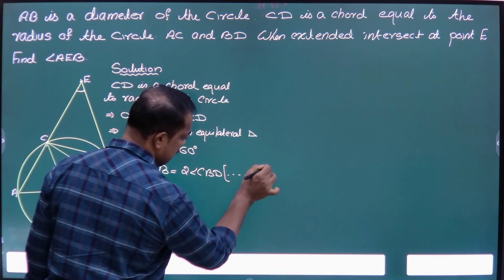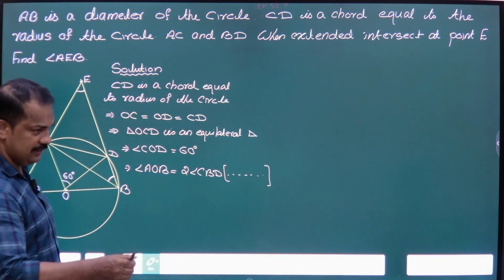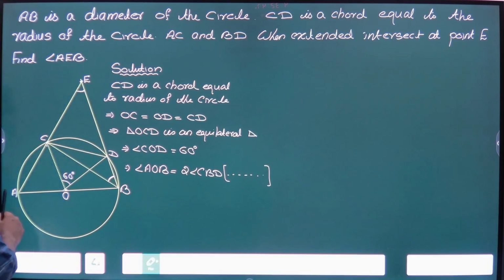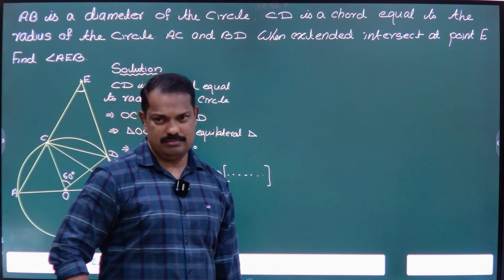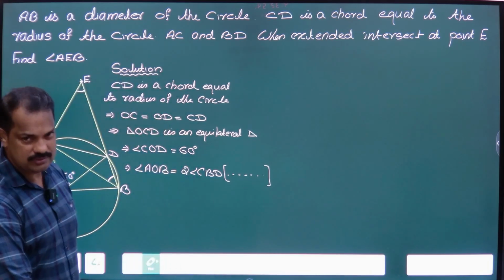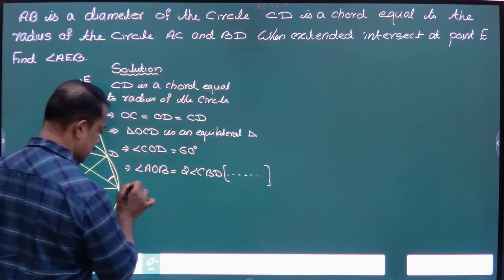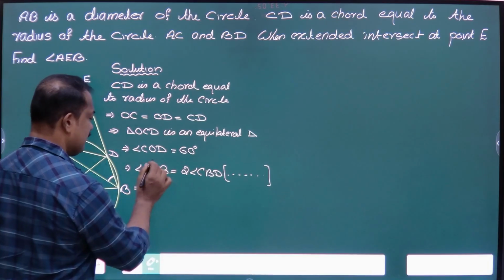Write in bracket theorem: angle subtended by an arc at the center is double the angle subtended by the arc at any point on the circle outside the arc. You have to write theorem in bracket. What is angle AOB?